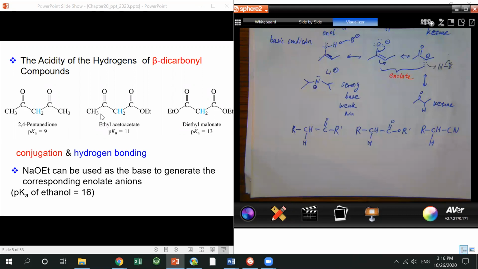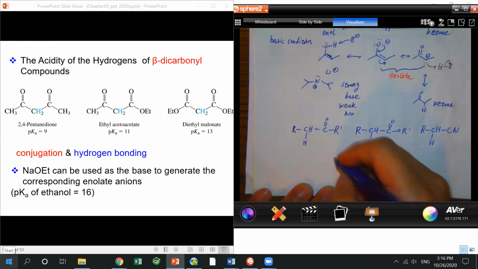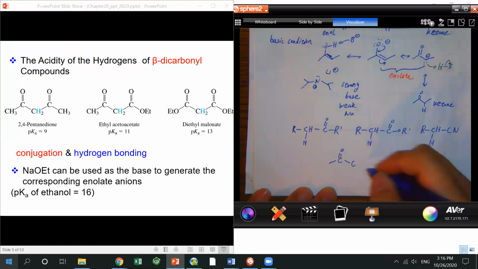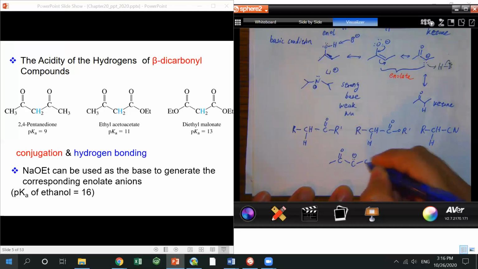Why is that? First, the electron-withdrawing inductive effect. Second, conjugation. So we have the reasons for that. Let me draw the first one. Once it loses the hydrogen, with only one hydrogen left, you can draw the resonance structures.